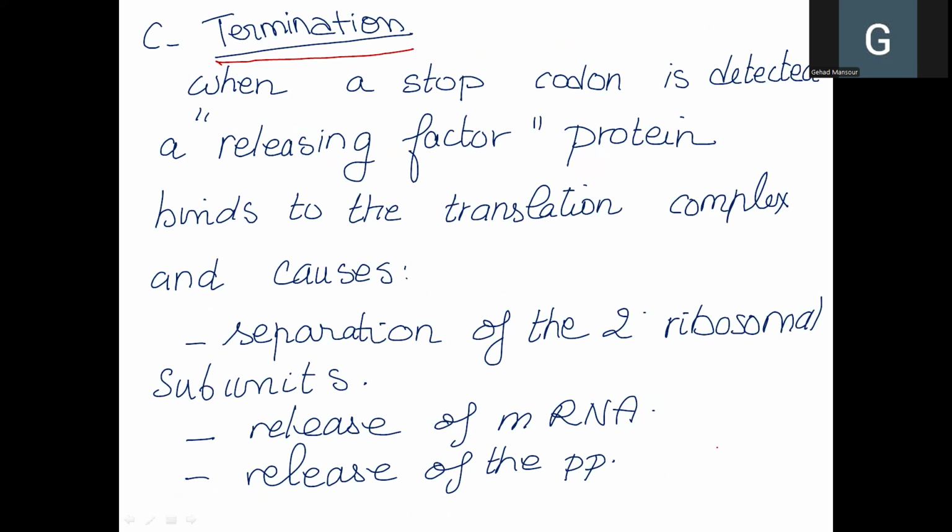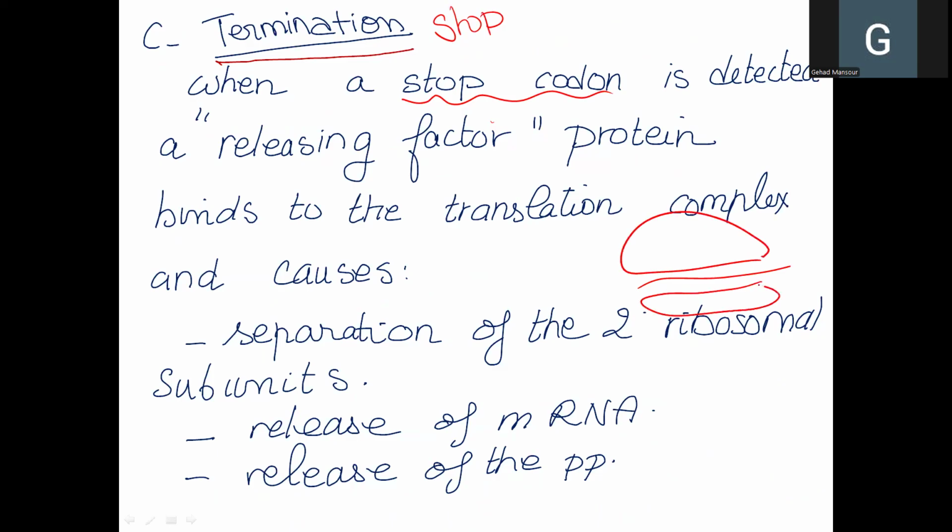Termination is the process by which we stop the process of translation. How does termination occur? Termination occurs when we reach a stop codon. You know that the ribosomal parts, the large ribosomal part and the small ribosomal part, move onto messenger RNA.